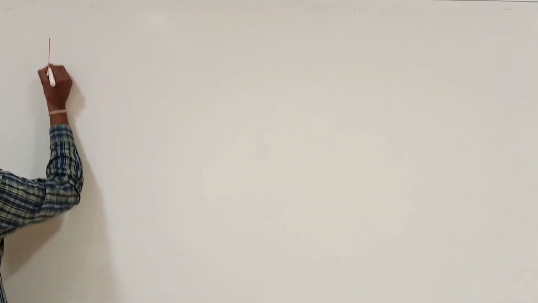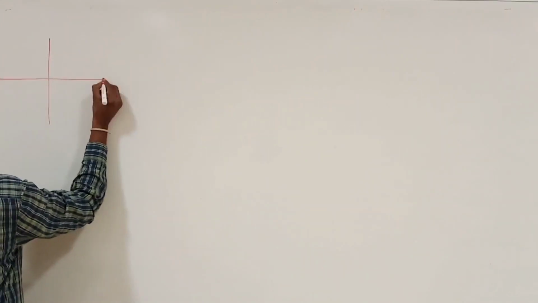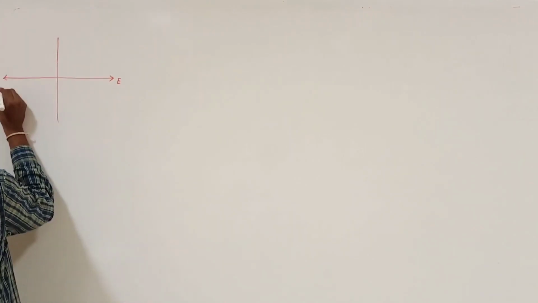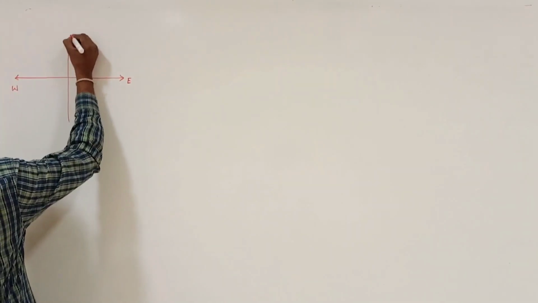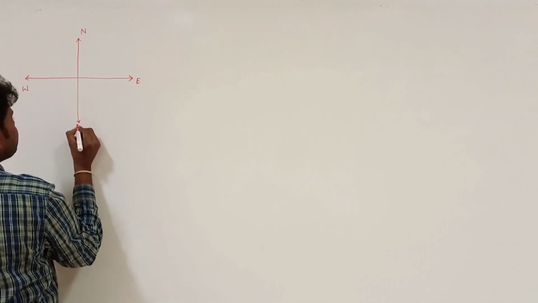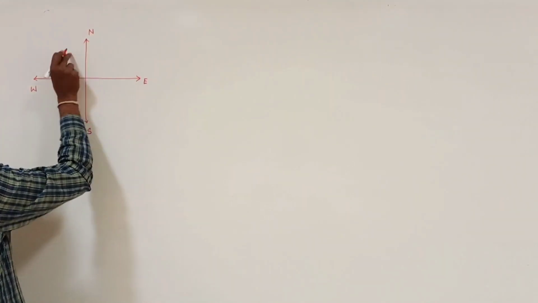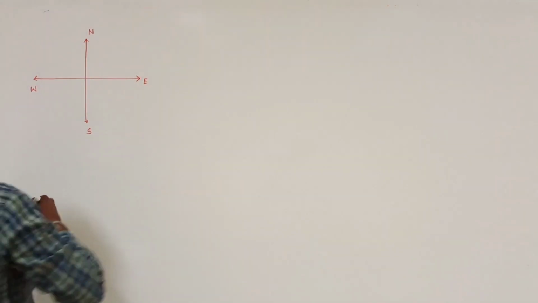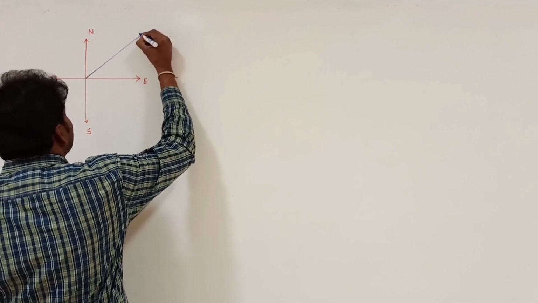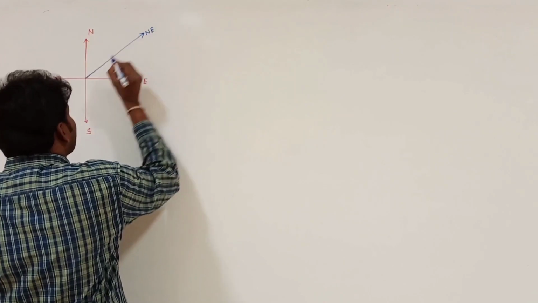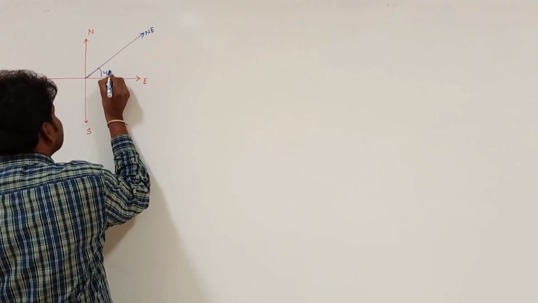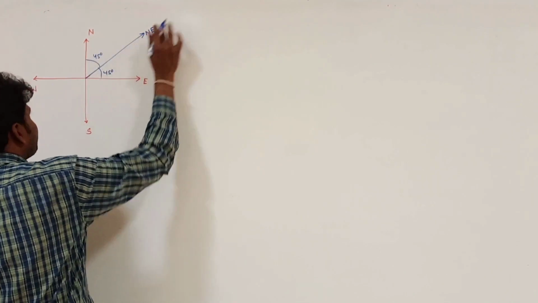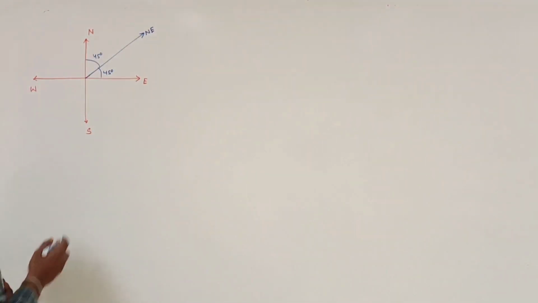See, this is, as you know very well, the east direction, west direction, north direction and south direction. Each is making 90 degrees. Now this is called northeast, which is 45 degrees from east and 45 degrees from north. That is a middle direction, northeast.